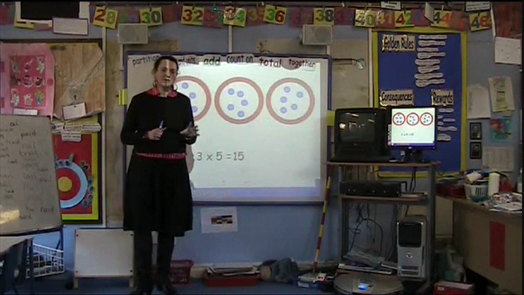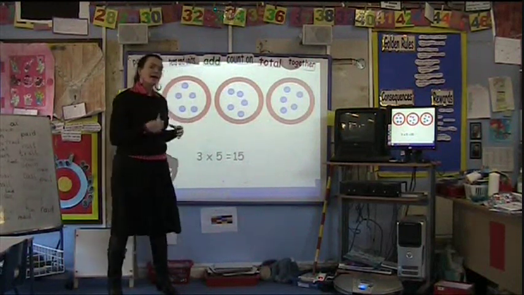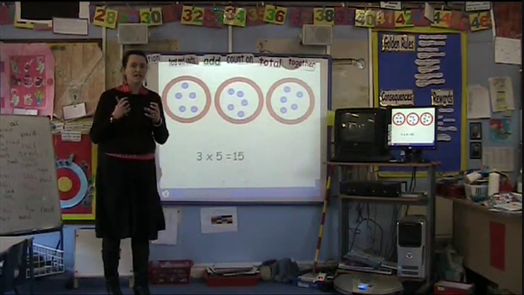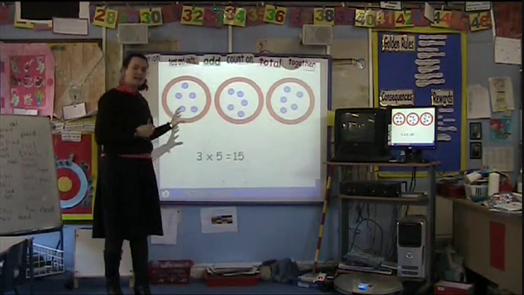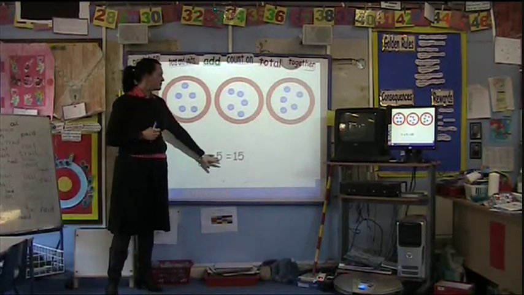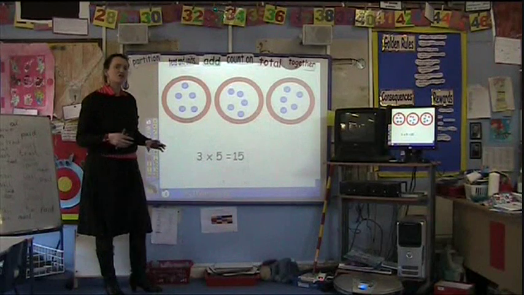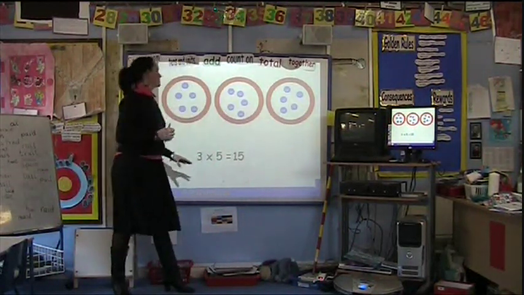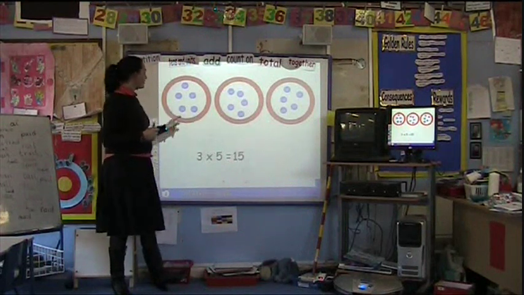We also like to teach multiplication at Key Stage 1 pictorially. Again, using cubes, buttons, or anything that children can actually touch themselves and find the sets of. So if we had the sum again 3 times 5, we would encourage children to find 3 sets, 3 lots of, 3 groups of 5.